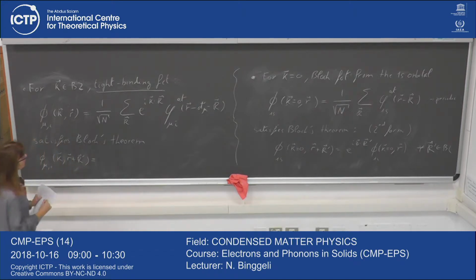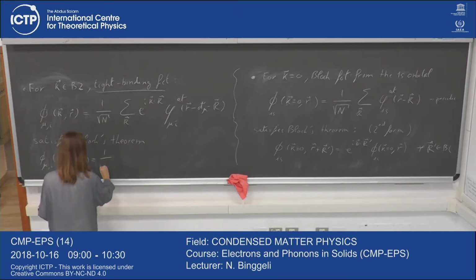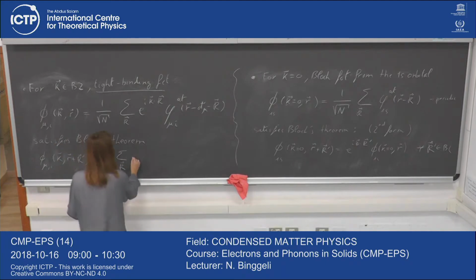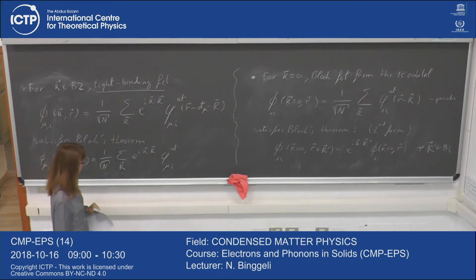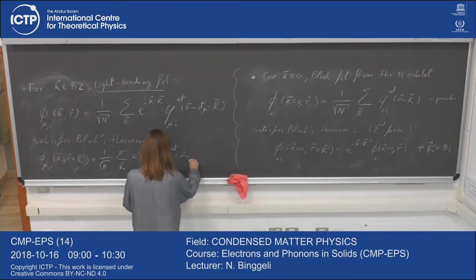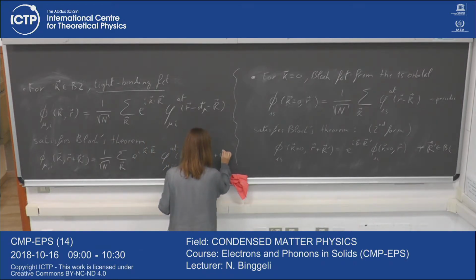Using my ansatz, I get 1 over the square root of n, sum over r, exponential I k r, times my atomic function for the choice of my basis, that is mu I, at the position r minus d mu minus r, and then I added the r prime here.